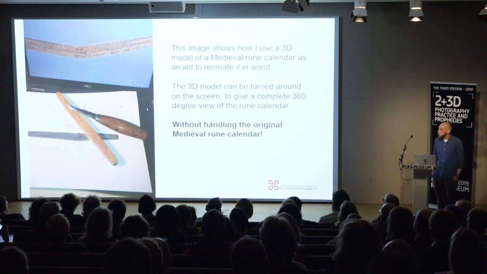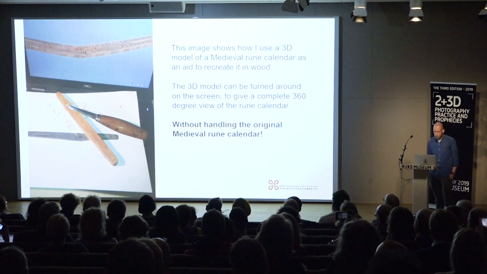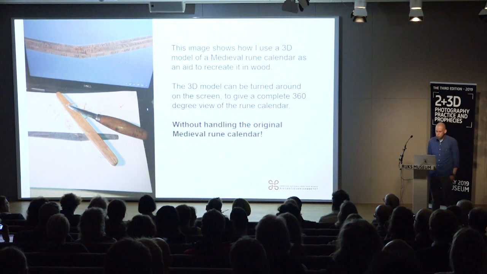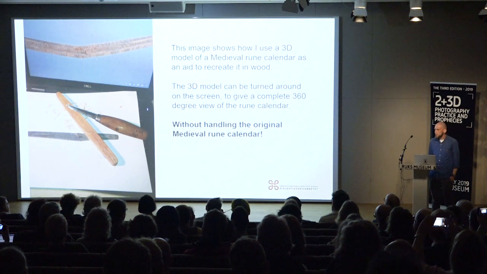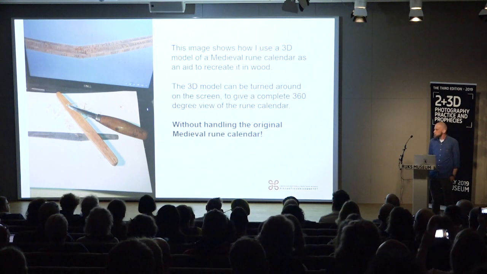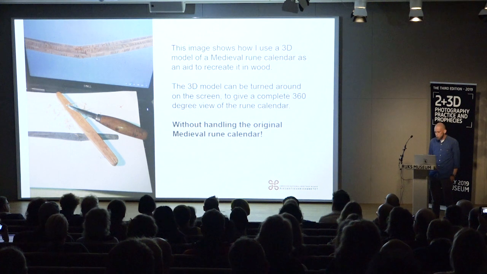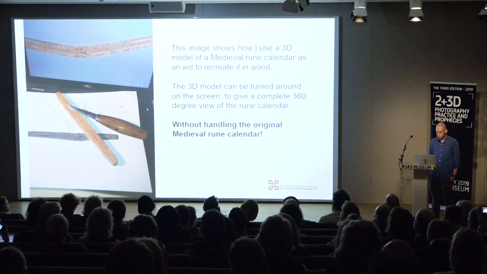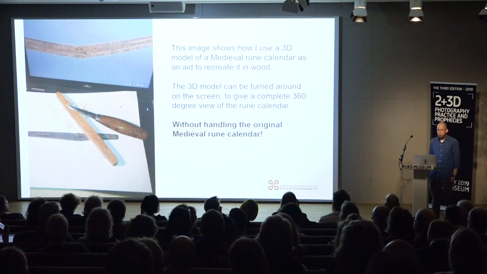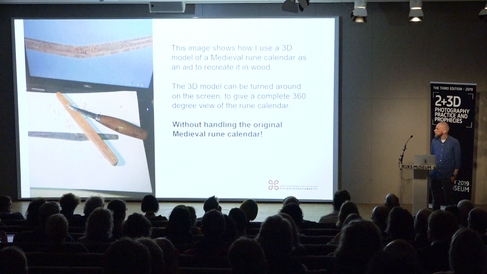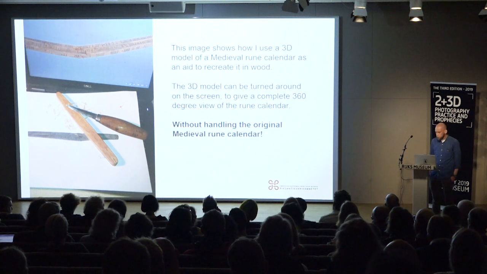This image shows how I used 3D technology to make a very analog wooden copy of a medieval rune calendar from Lödöse in western Sweden. I started by visiting the museum, making a photogrammetry model of it, uploading it to Sketchfab, and then I could use it as an aid to place the runes in the right positions and to make the right shape of the rune calendar.